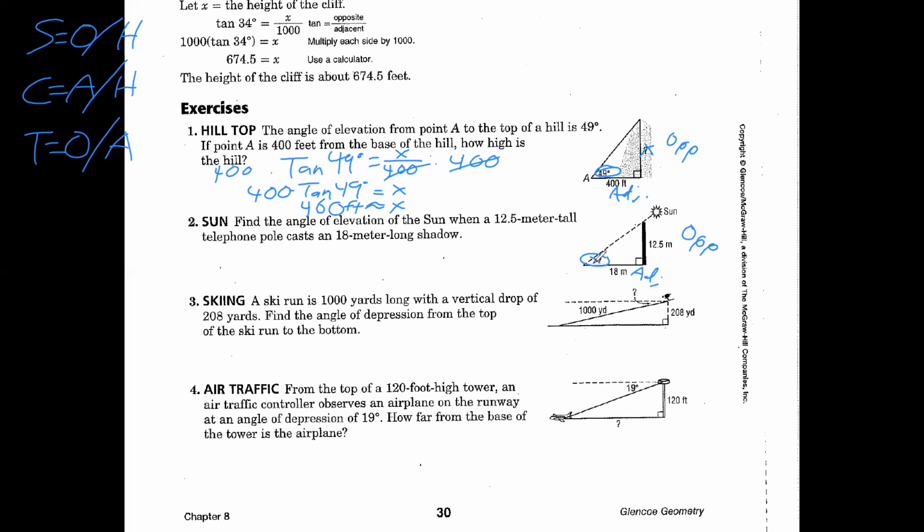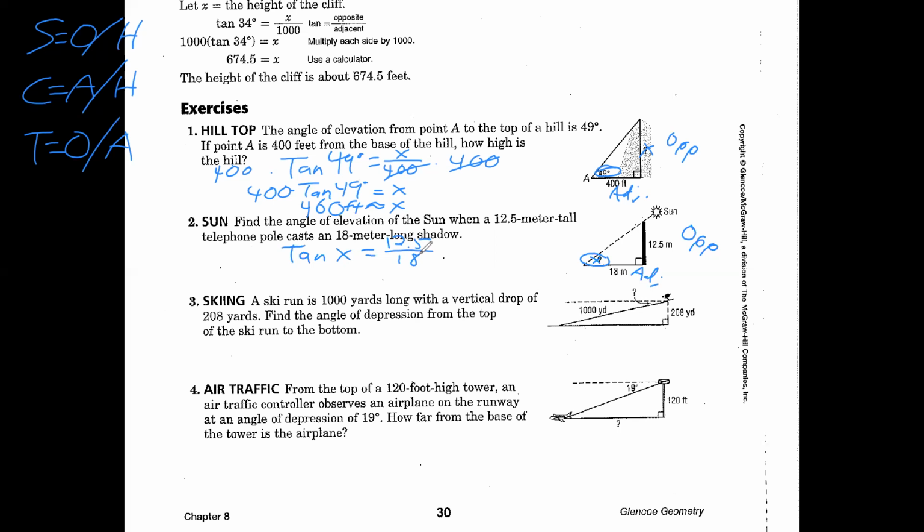This is where we have to do the -1, the inverse operation. So we still have a tangent problem. When we set it up, it's tangent of x equals opposite, which is 12.5, over adjacent, which is 18. So this is where we use that -1 feature on our calculator, because if we're solving for an angle, you're going to have to use inverse operations.